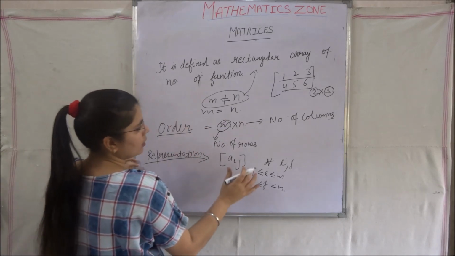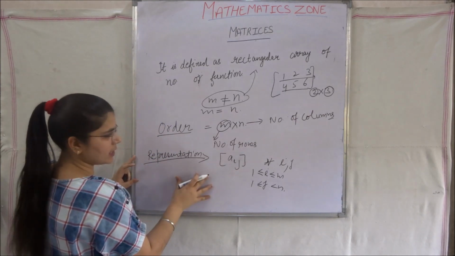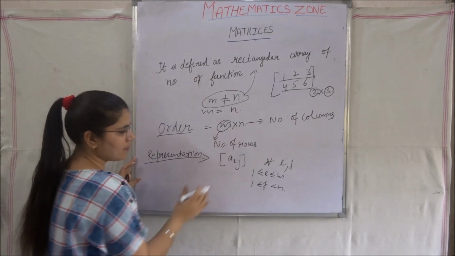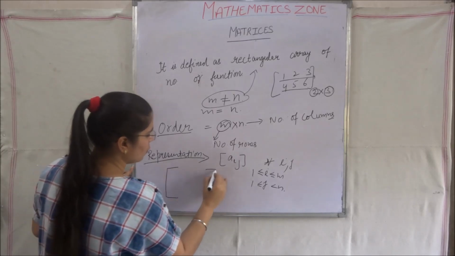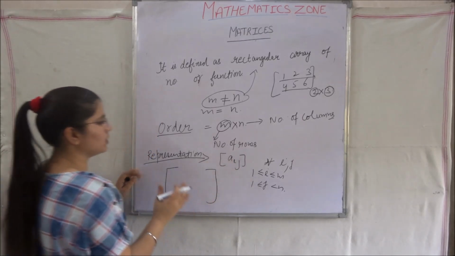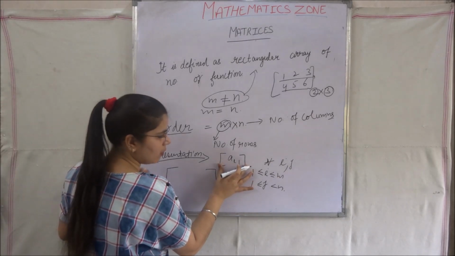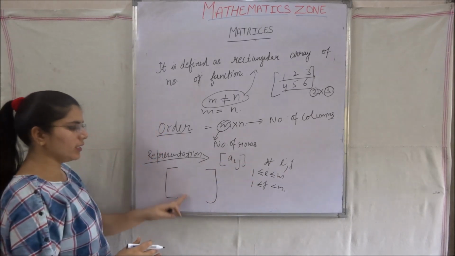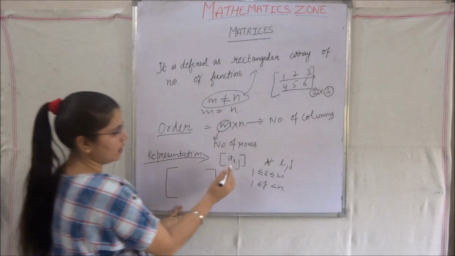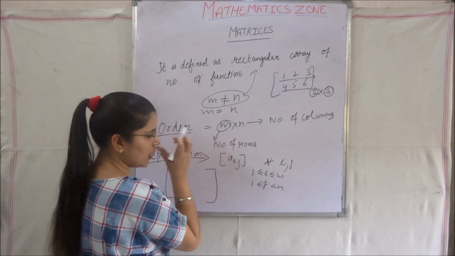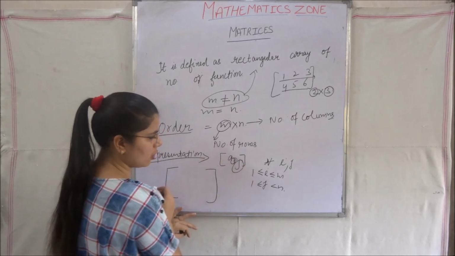Now the general representation Aij means, if we simply want to write any information in the general form, with the help of this representation we can represent this data in matrix form. Here i is the number of rows and j is the number of columns.